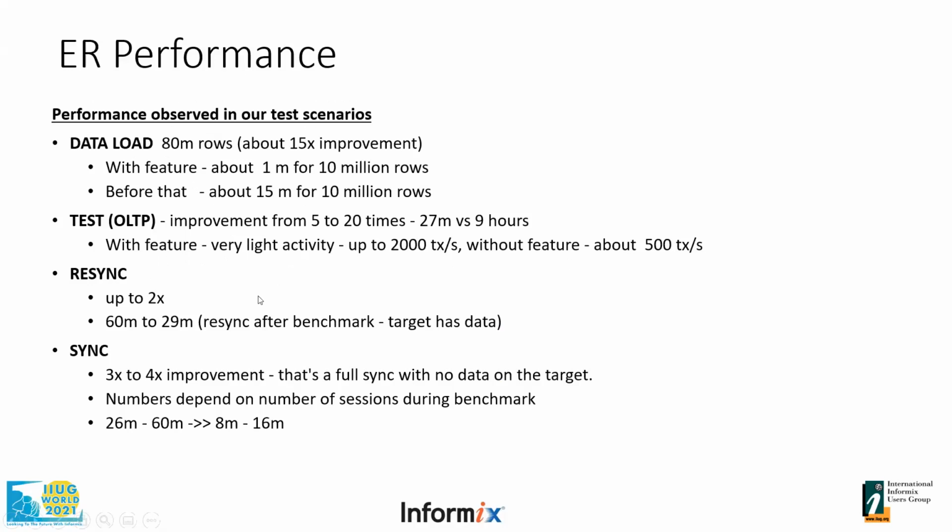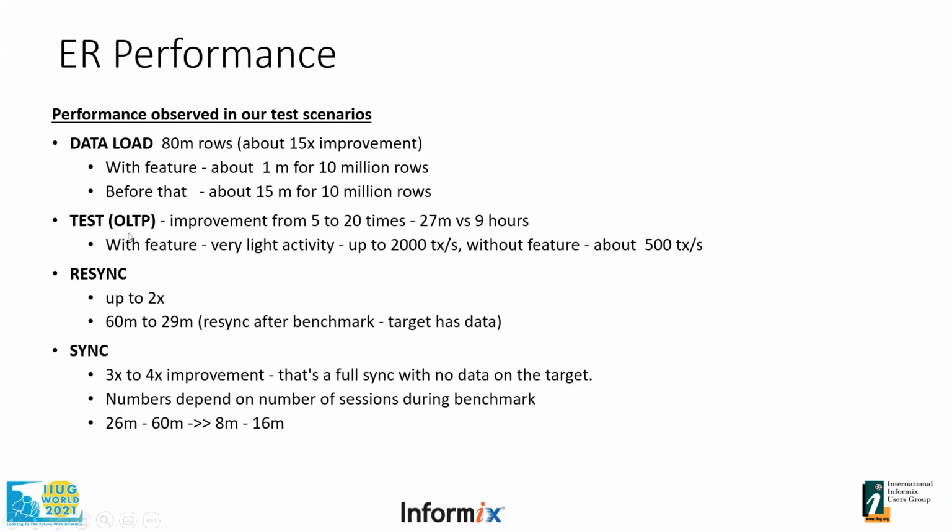So here is a slide which gives some numbers from test scenarios which we have internally tested. It depends on various things, but I just wanted to share that the data load demonstrated around 15x improvement.